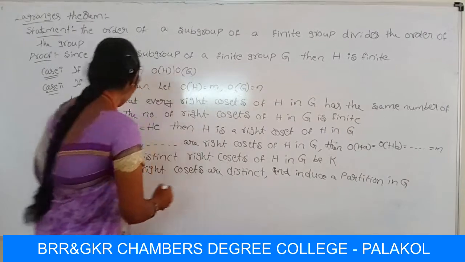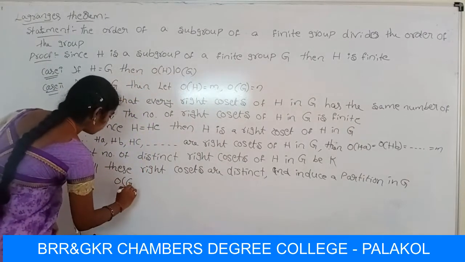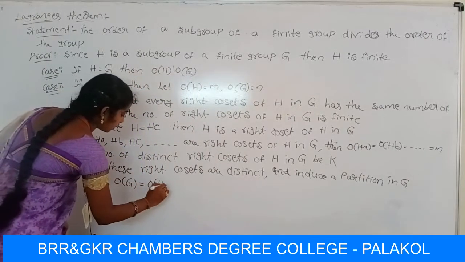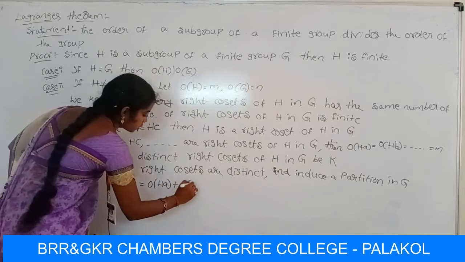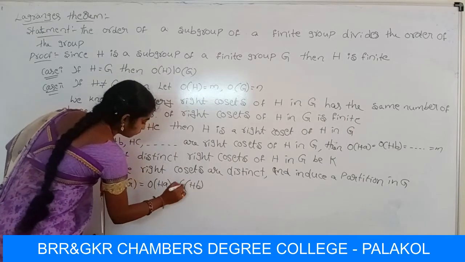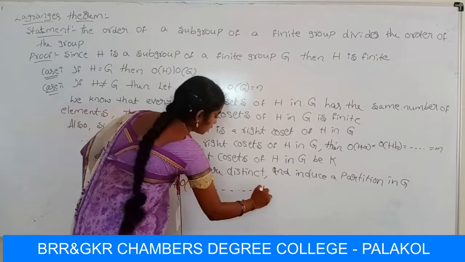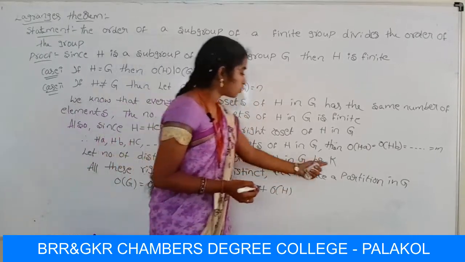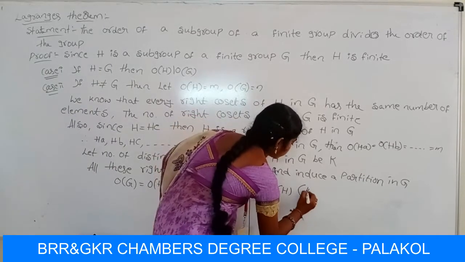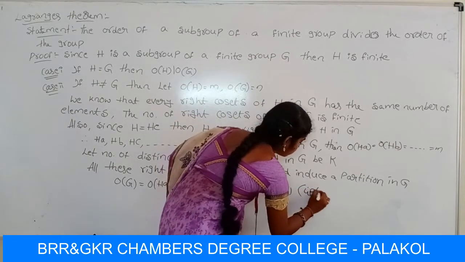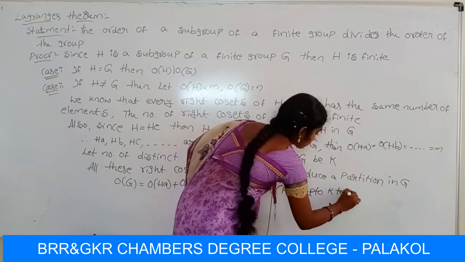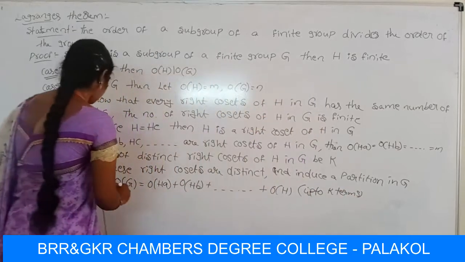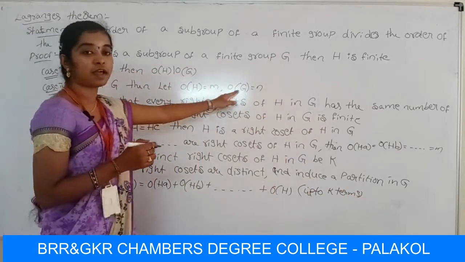So that means the order of Z is equal to the order of HA plus the order of HB plus and so on plus the order of H, up to K terms. The order of Z is n.